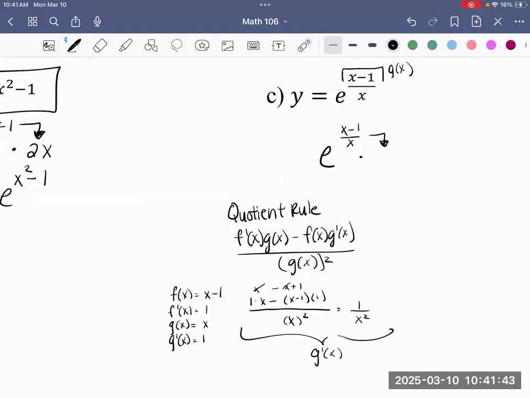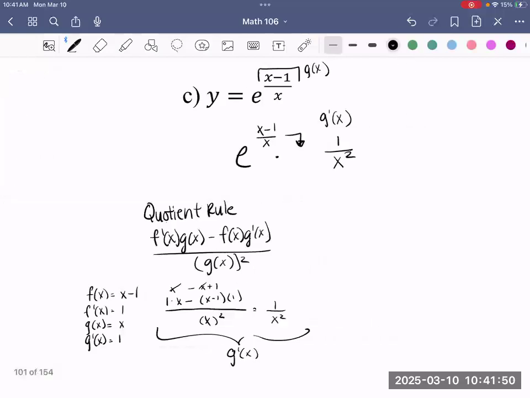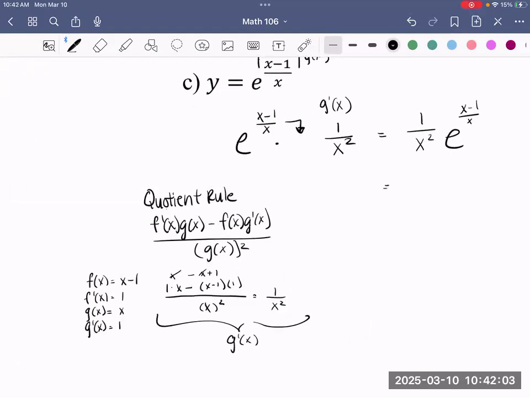If this is g of x, g prime of x is now 1 over x squared. So altogether, we have 1 over x squared e to the x minus 1 over x. Or your alternate solution, if these are being multiplied, this is kind of over 1. Therefore, we can put x squared down below.